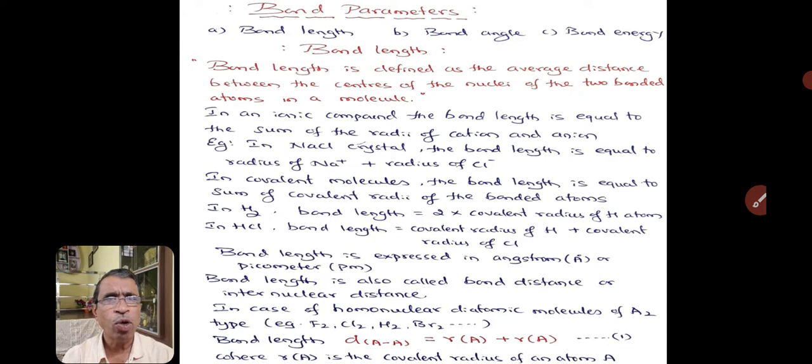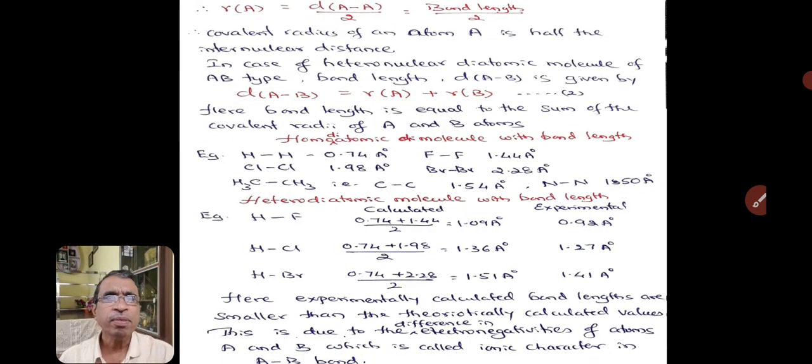In the case of homonuclear diatomic molecules of A2 type, that is fluorine, chlorine, hydrogen, bromine, etc., bond length is given as D_AA equal to the covalent radius of atom A plus the covalent radius of atom A, where R_A is the covalent radius of an atom A. Therefore, the radius of an atom A is equal to the bond length between the two atoms A divided by 2.